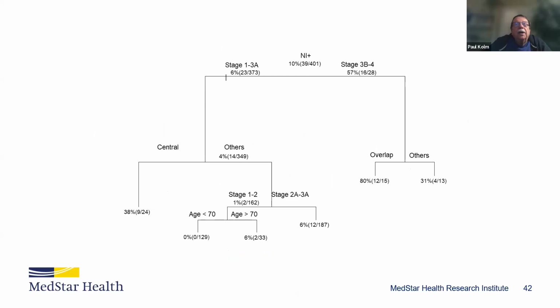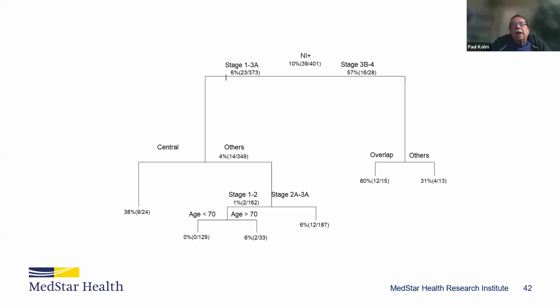In this case, our primary variable here is stage 1 to 3A versus stage 3B or 4. And so you can see that for stage 3B or stage 4, our nipple involvement rate is 57% compared with only 6% for those with less than stage 3B.